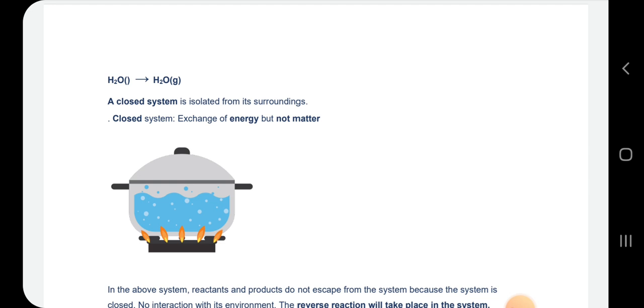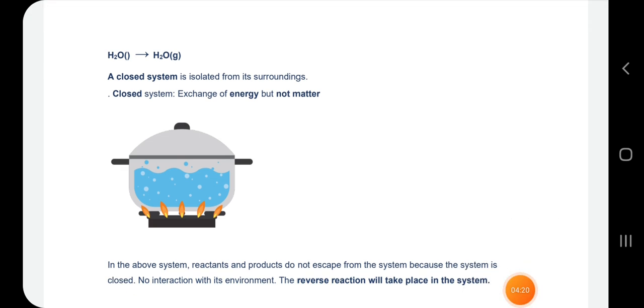So in this instance, the reverse reaction will take place in this system whereby the pot is closed, right? The system is isolated from its surroundings, so it's not exchanging matter with its surroundings. So that is a closed system, which means the reverse reaction is happening when a system is isolated from its surroundings.